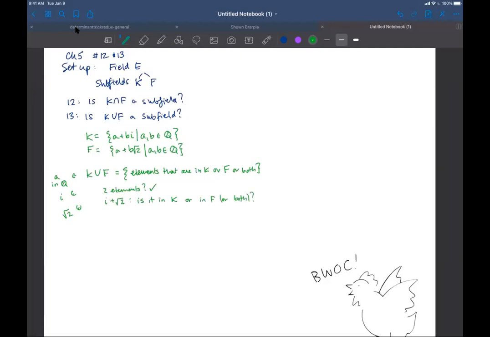Well, if it's in K, I'm supposed to be able to write it as a plus bi. So it's like root 2 plus i. Is that equal to a plus bi for some rational a and b? And the answer is no, because we've got that square root of 2, which is irrational. I can't write it as a rational number. And it's also not of the form c plus d root 2 for some rational c and d, because i is not a rational number.